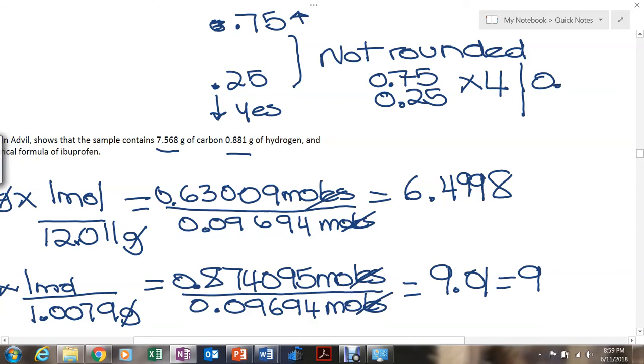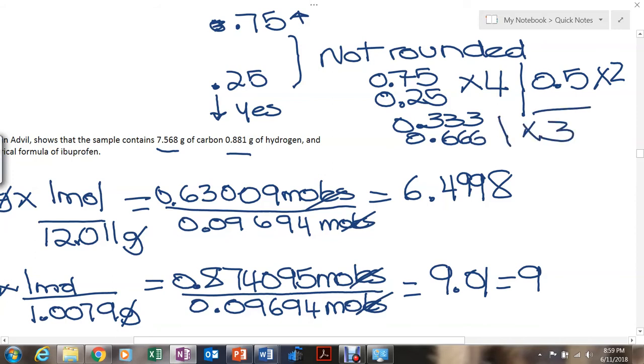If you have a 0.5, like here, you multiply by 2. If you have a 0.33 or 0.66, it's the same idea, and you multiply by 3. So those are the three that you use: 3, 4, and 2.